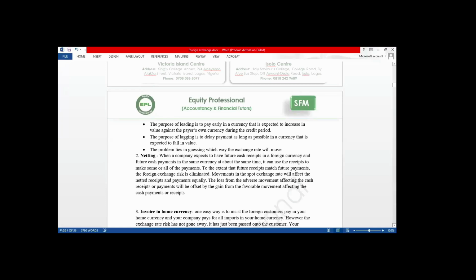The extent to which your expected foreign receipts match your expected foreign payment, that will reduce your exposure to foreign currency risk. That is netting off. Meaning, at some point, you are going to be making payment. At some point, you are going to be getting receipts. You are making payment in foreign currency, you are getting receipt in foreign currency. You can do net off.